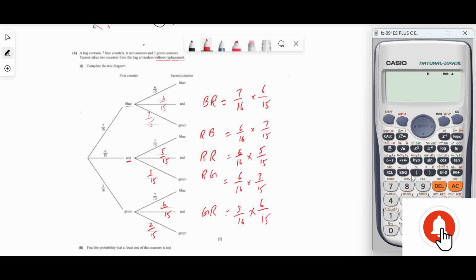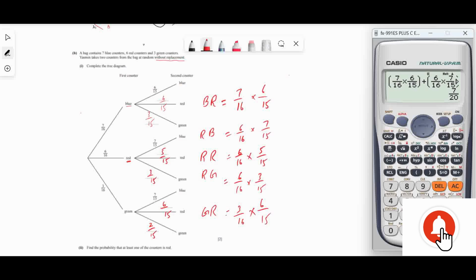Let's do some calculation. So this will be 7 by 16 multiplied by 6 by 15, bracket close, plus bracket 6 by 16 multiplied by 7 by 15.